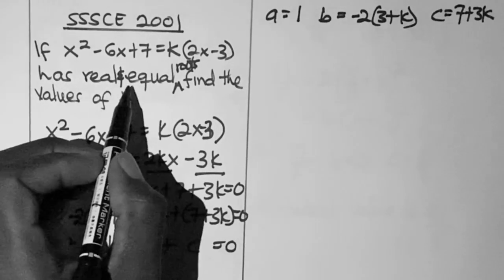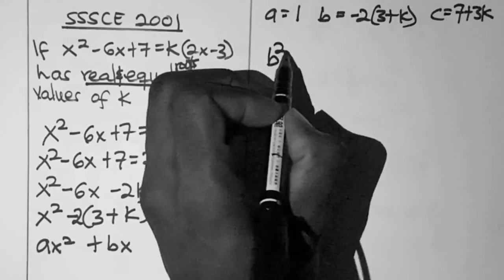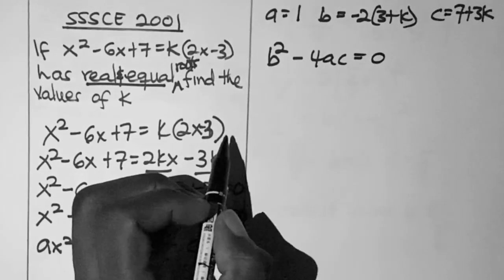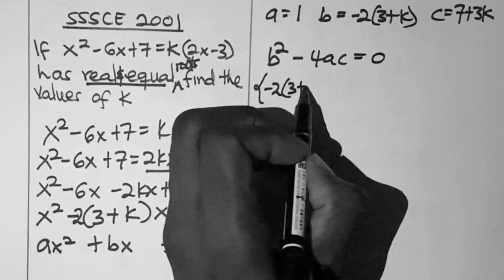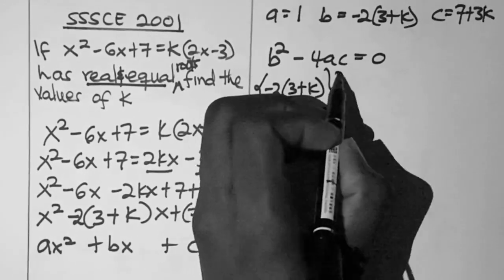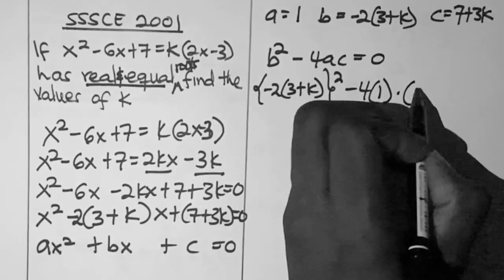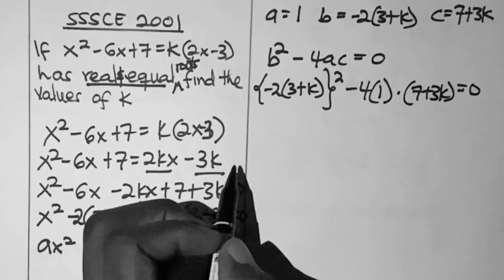So now the question says that it has real and equal roots. So that means the discriminant b squared minus 4ac must be equal to 0. So what is b squared? That is minus 2 times 3 plus k all squared, then minus 4 times a, 1, then times c, which is 7 plus 3k, is equal to 0.